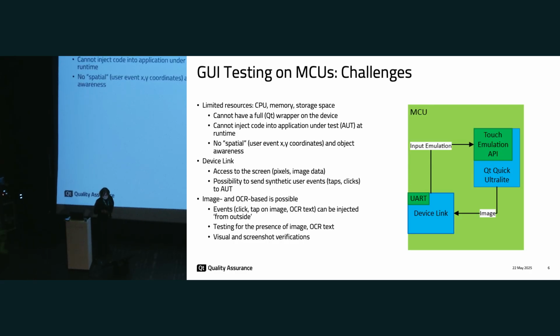So why is it so difficult to test anything at all on microcontrollers? As I already stated, we have these limitations on CPU power, on memory footprint, and on storage space.